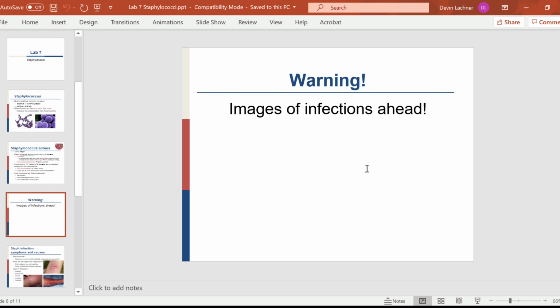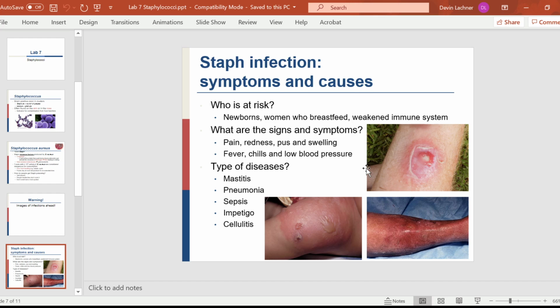Now, coming up next are some graphic images, so I just want to warn you ahead of time. Here we have examples of staph infections. So these are all on the skin. There are a few different symptomologies and types of disease, but the people who are mostly at risk are people who have a weakened immune system, whether that's from an acquired immune deficiency, or if you're a newborn, an elderly person, or a woman who's breastfeeding.